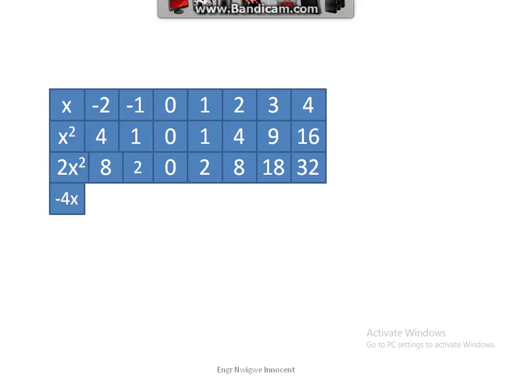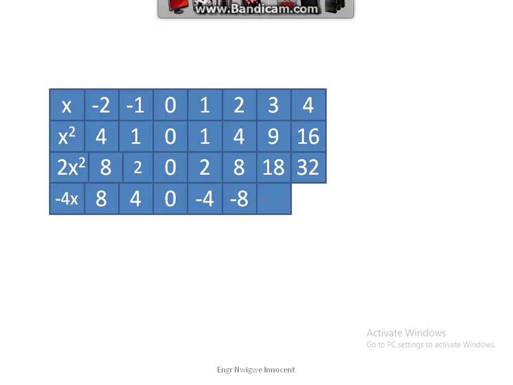Since minus times minus gives plus, 4 times minus 2 gives us 8. Minus 4 times minus 1 gives us 4. Minus 4 times 0 gives us 0. Minus 4 times 1 gives us minus 4. Minus 4 times 2 gives us minus 8. Minus 4 times 3 gives us minus 12. Minus 4 times 4 gives us minus 16.